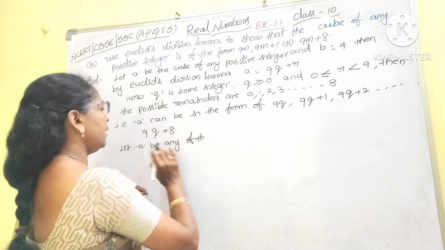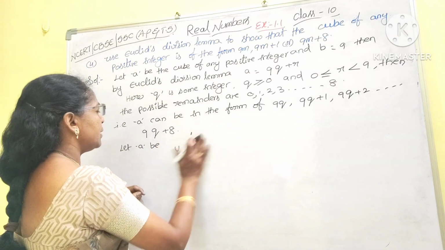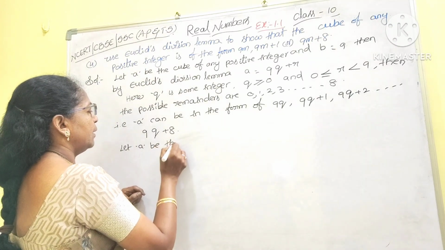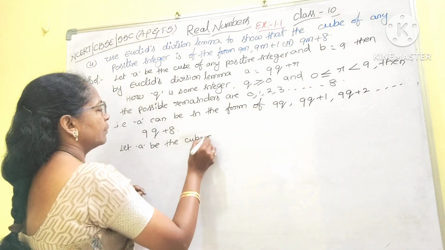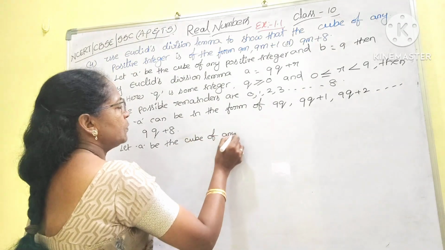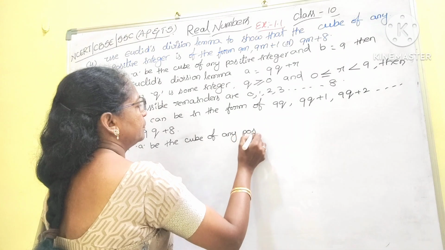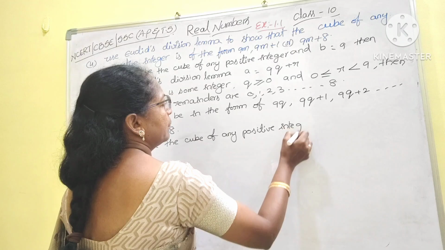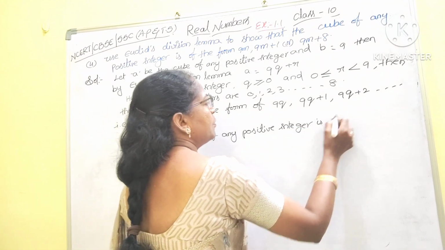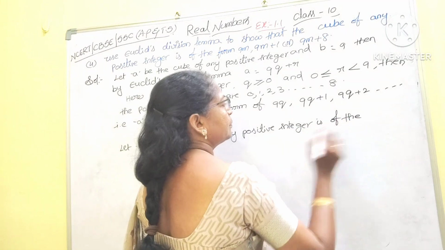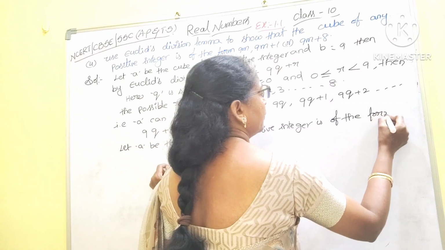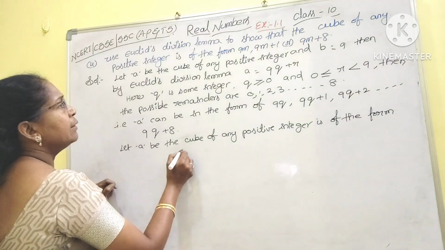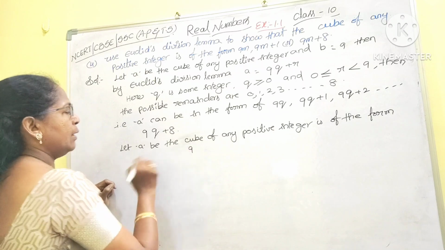Let A be the cube of any positive integer. The cube of any positive integer is of the form 9m.